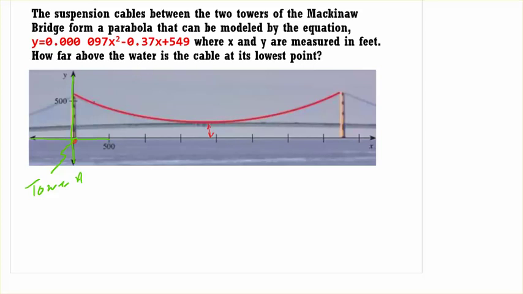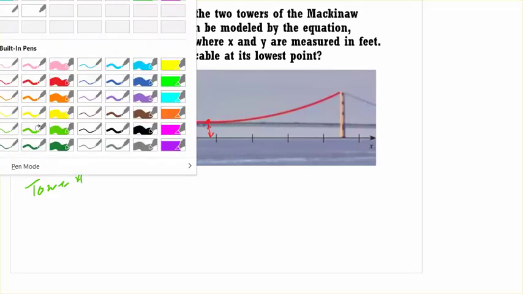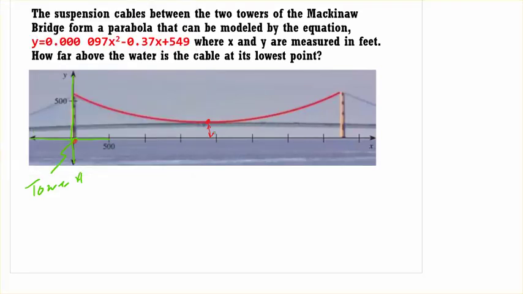So if we look at the cable that is connected between these two towers, the lowest point, we want to find how far above the water that is, and you'll see that there is a distance there. So when we look for lowest point, we're looking for this value right here, and that will tell us how far from the water level we are.